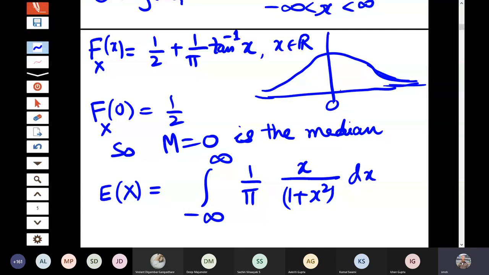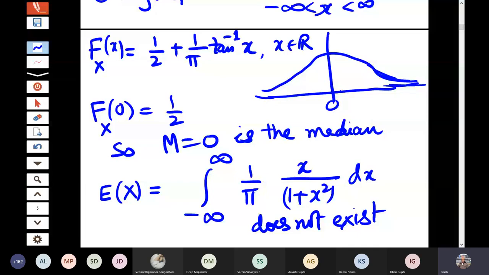You can easily see that this does not exist because the integral is log of 1 plus x square by 2, and at plus infinity and minus infinity it is not defined. So this does not exist. But here the median is useful because it is giving certain idea about the measure of the central tendency.